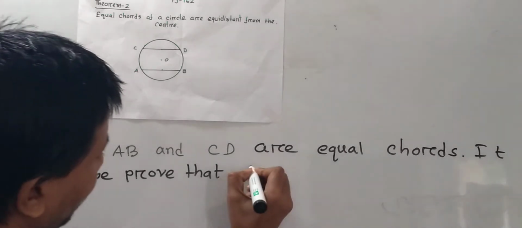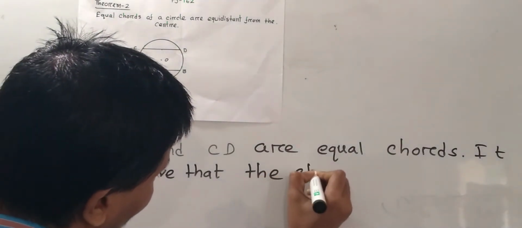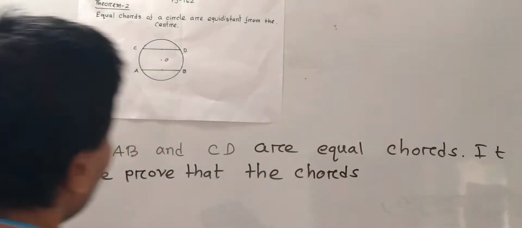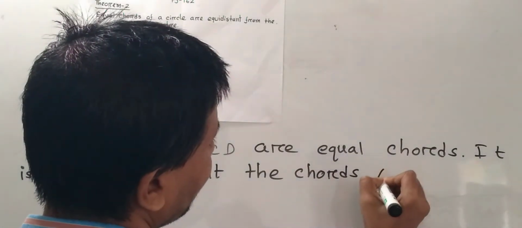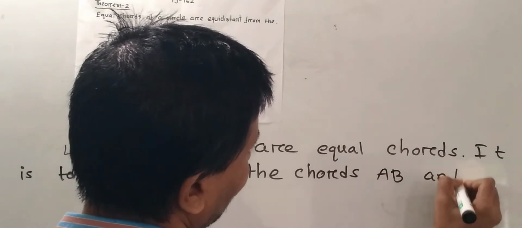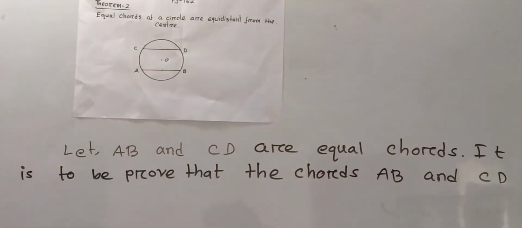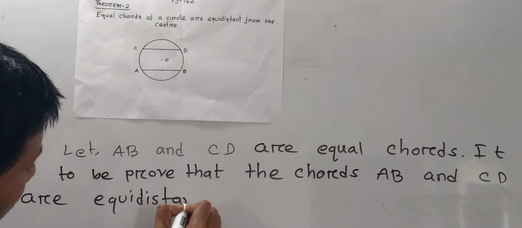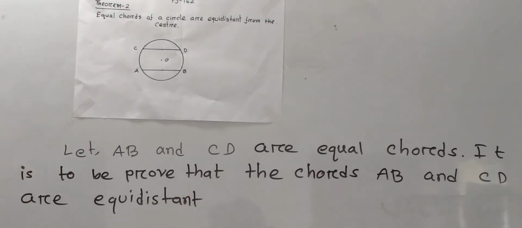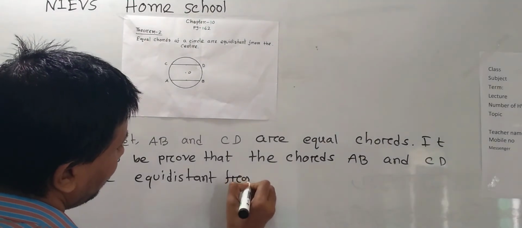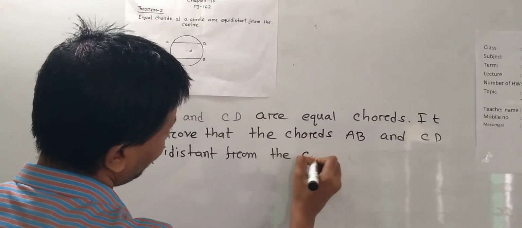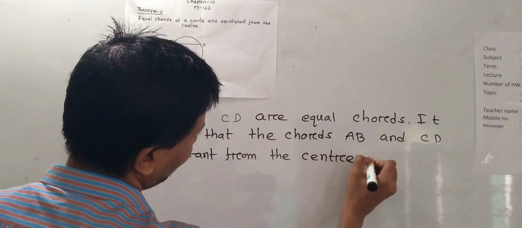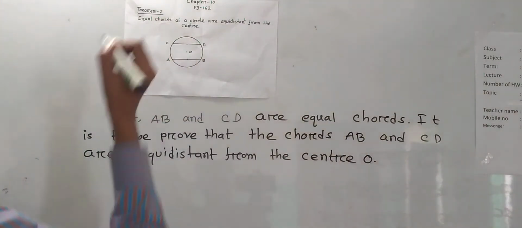It is to be proved that the chords AB and CD are equidistant from the center O. Okay, look, O is the center.